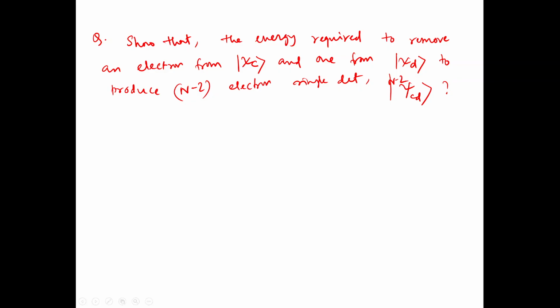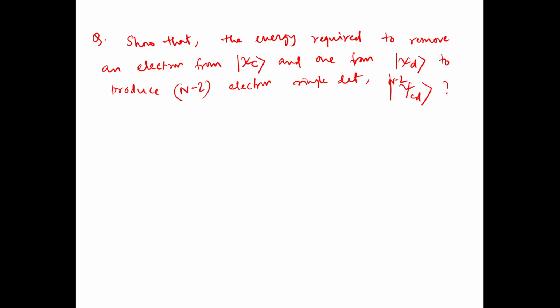So now what can you expect? When I took out one electron from the Cth orbital, it came out to be the negative of your orbital energy, that is epsilon c. So here I am ejecting two electrons from C and D. So you might expect that my number will come out to be minus epsilon c minus epsilon d, because I am taking out two electrons.